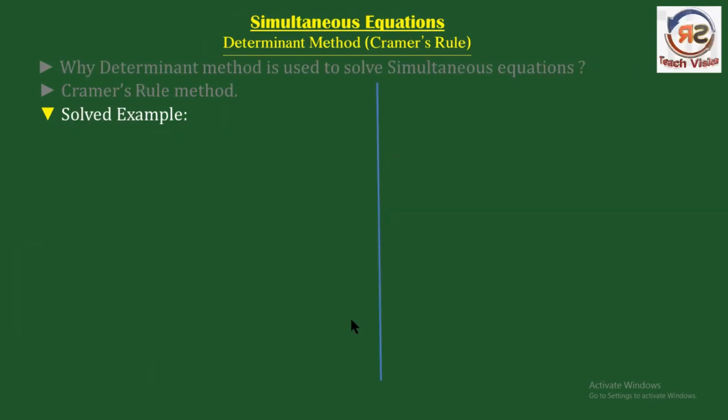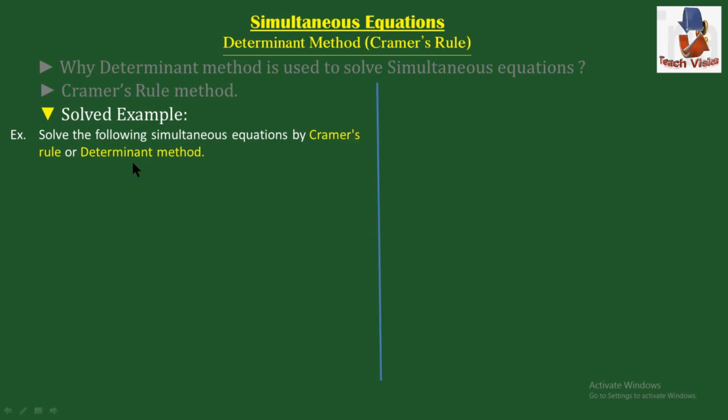Now look at the solved examples. First example: solve the following simultaneous equations by Cramer's rule or determinant method. And the equations are 4x minus 3y is equal to 11 and 6x plus 5y is equal to 7.